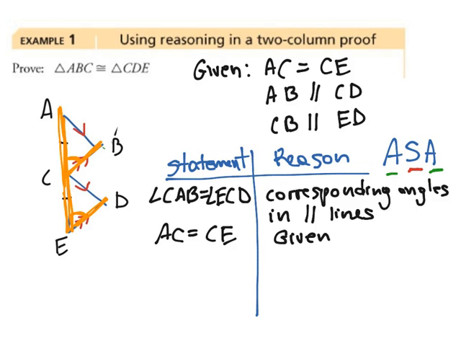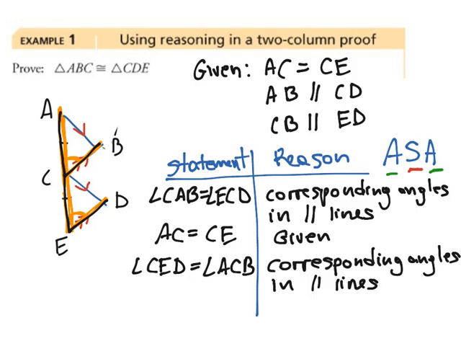But now naming them is a little bit difficult. The bottom angle is CED, so CED is equal to, and the top angle is ACB, angle ACB. And the reason for it is because they're corresponding angles in parallel lines.